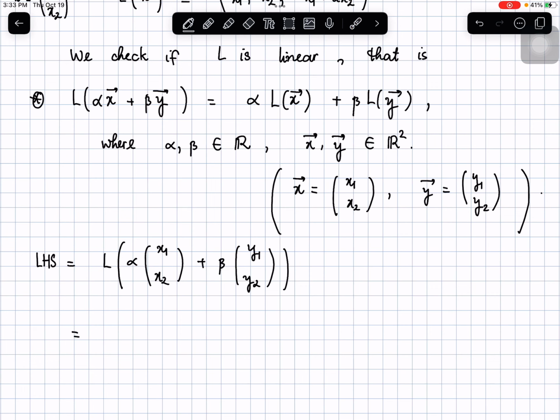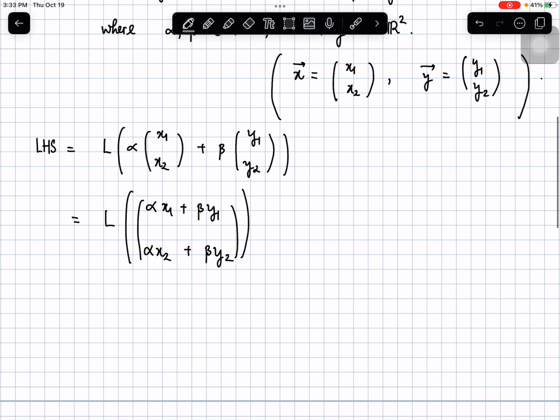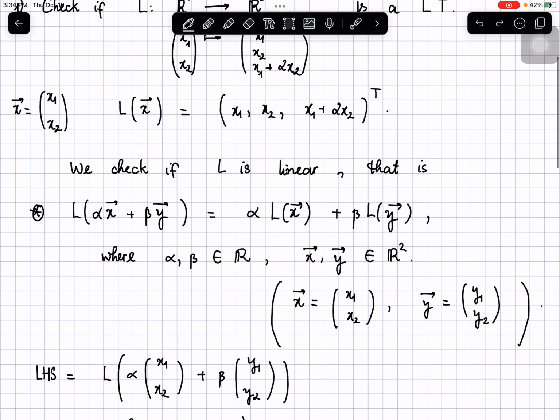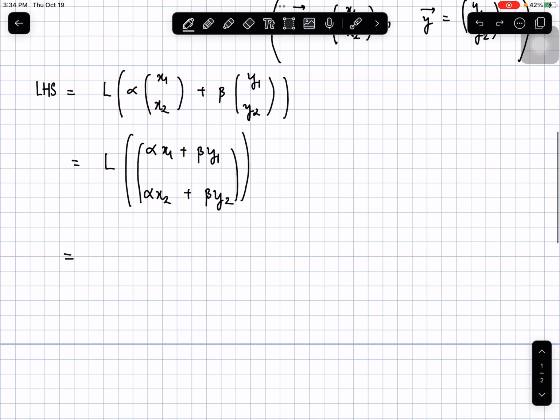We compute L of what is inside the brackets first, alpha x1 plus beta y1, alpha x2 plus beta y2, and by definition this is this vector in R3: x1, x2, x1 plus 2 times x2.